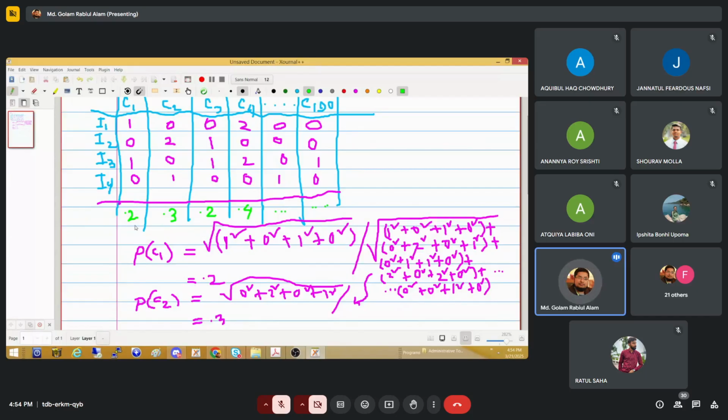Then what can we do? At first we normalize this. How to normalize? It can be done with the summation.